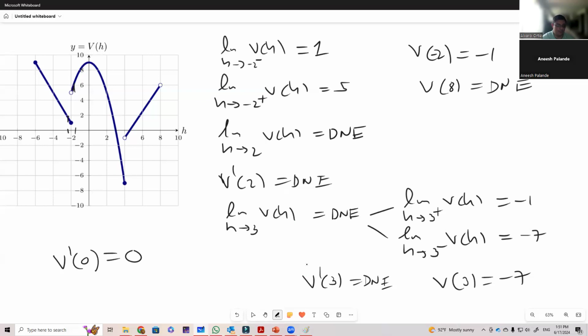So for example, we can probably find the derivative at 5, and we can probably find the derivative at 6. Because simply those are going to be the values of the slope of this line. Because they're lines, the derivatives are going to be just the slope of these lines. So -5 and then 6.